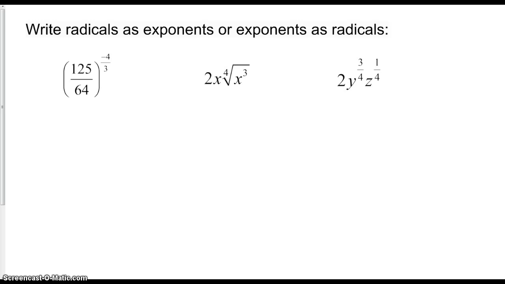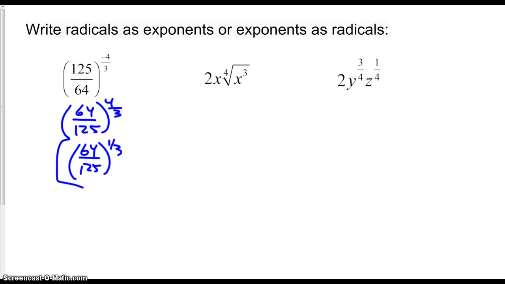Okay, so what do we got here? First of all, I'm going to take advantage of the fact that I could change this to a positive 4/3 power by taking the reciprocal. And then I'm going to note that each of these numbers, 64 and 125, appear to have cube roots, so I'm going to split that 4/3 into a 1/3 power, and then take that to the 4th power separately.